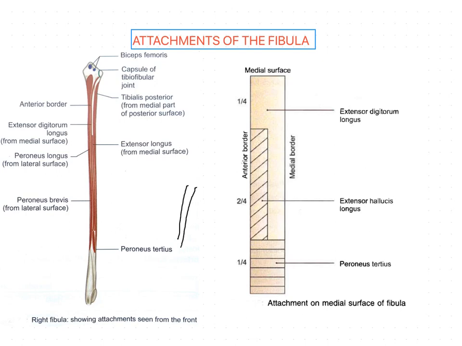And here the surfaces, and also on the posterior aspect you have the posterior border. The surface between the anterior border and the medial border or interosseous border, commonly we call the medial surface.